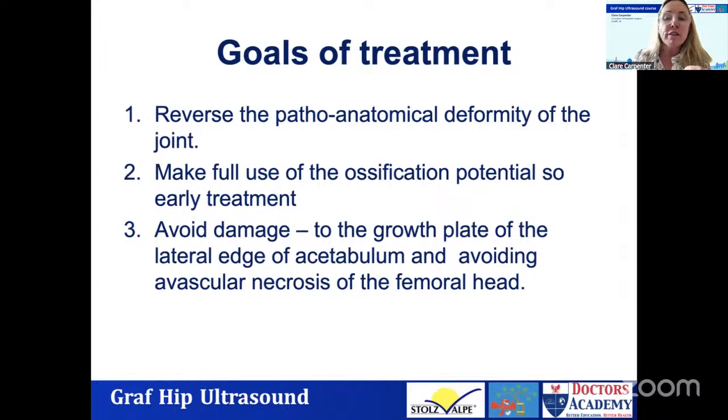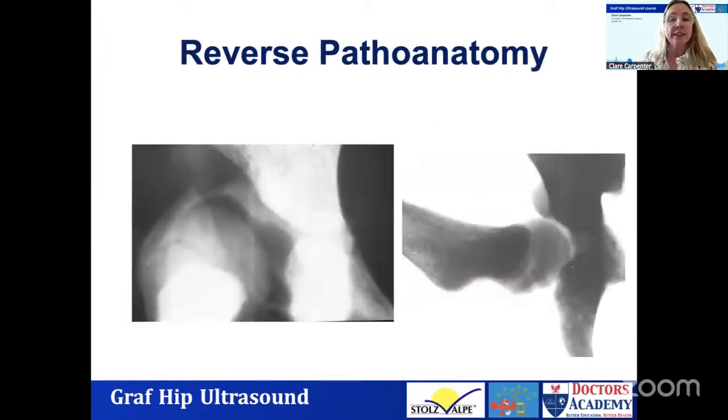And we're all afraid of this concept of avascular necrosis or proximal femoral growth disturbance, whatever you want to call it. But again, sometimes that is inevitable. However, if you understand the principles, you can limit the impact that you're going to have on that femoral head. And this is what we are trying to do.